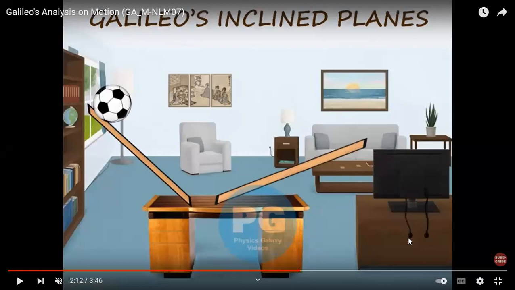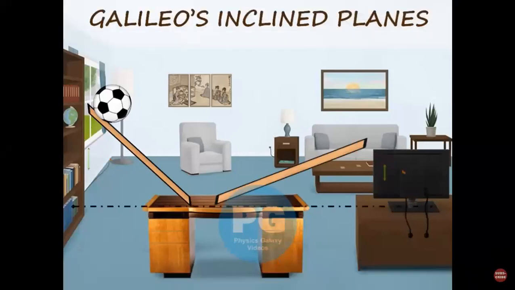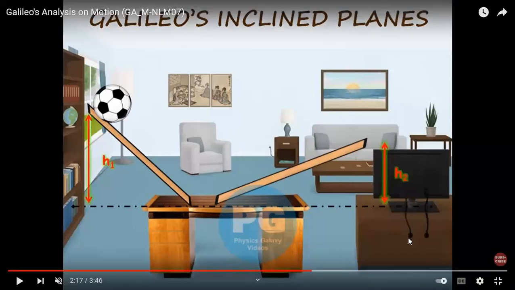Now I increased the height or not? Check it, everybody. Yes, sir. You can see here, this is the H1 height, more height, and this is the H2 height, inclination.